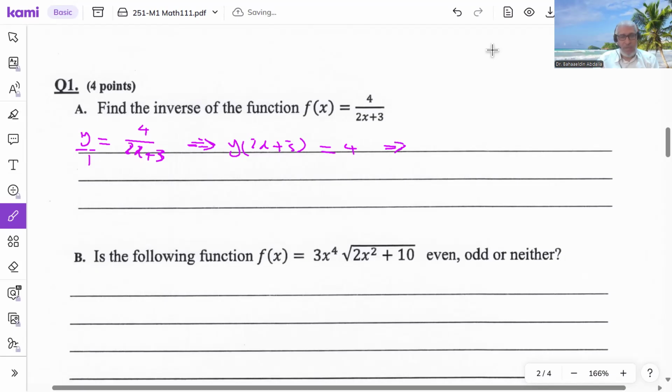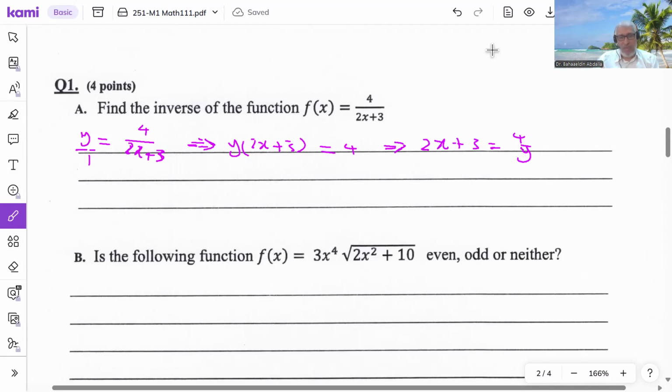So y times 2x. We need to solve it for x. So if you want, we can expand or we can divide here by y. So I can say that 2x plus 3 is equal to 4 over y.